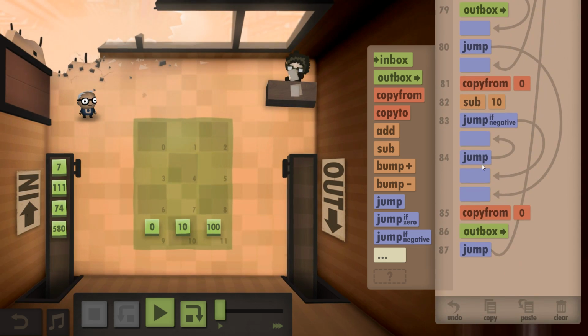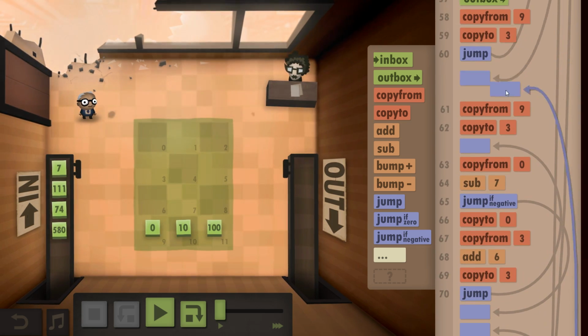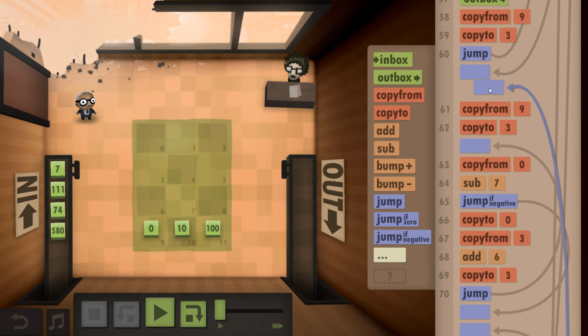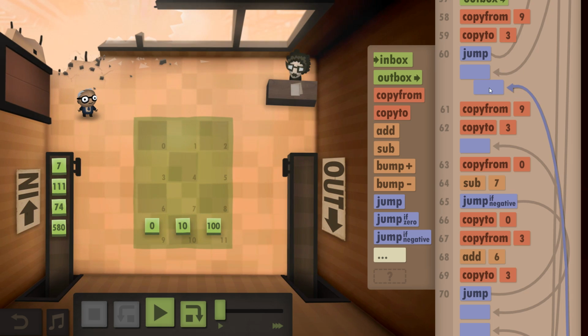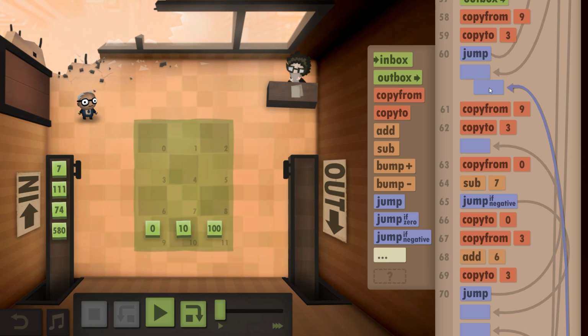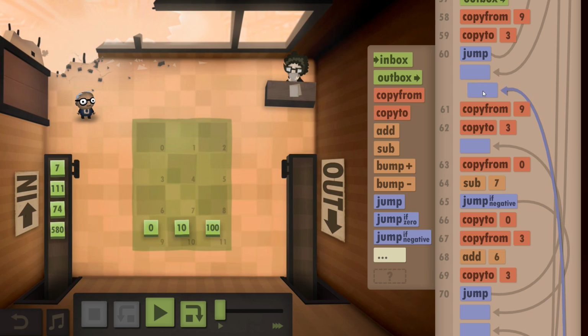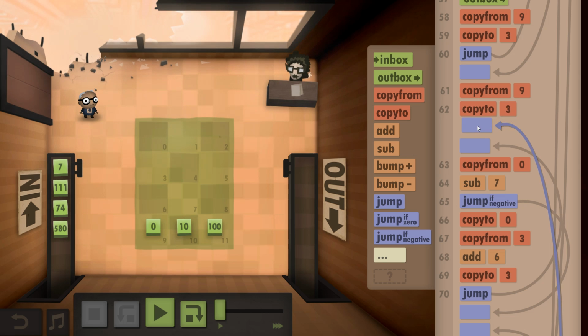This is where this should go. Do I need to reset the counter here?